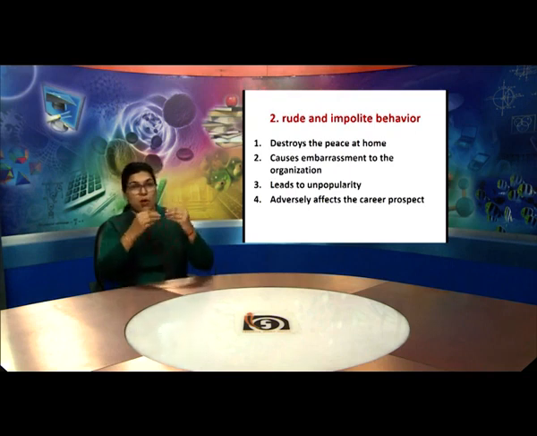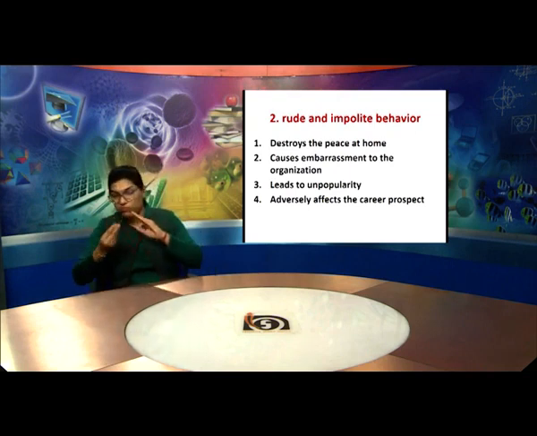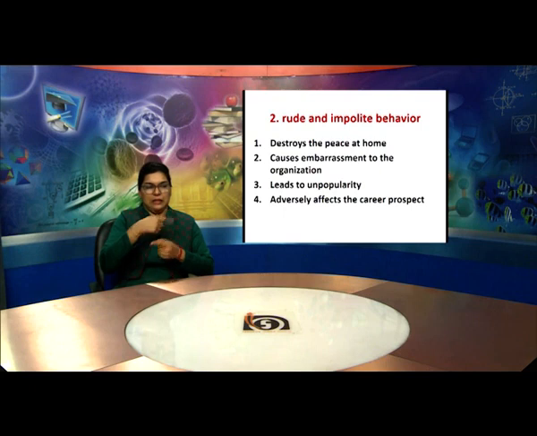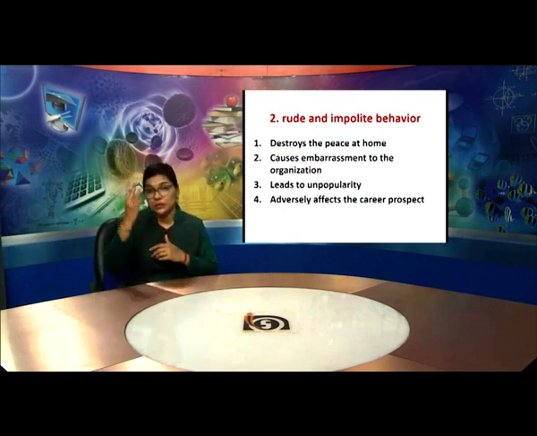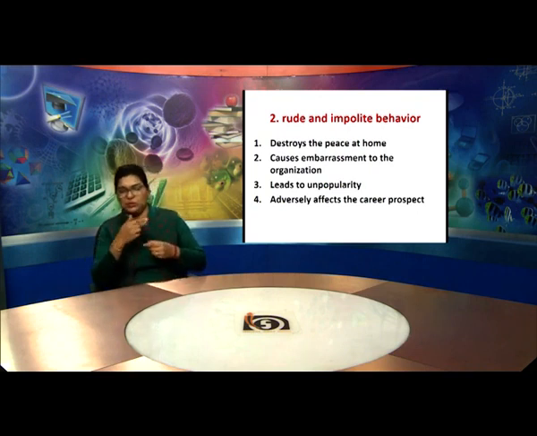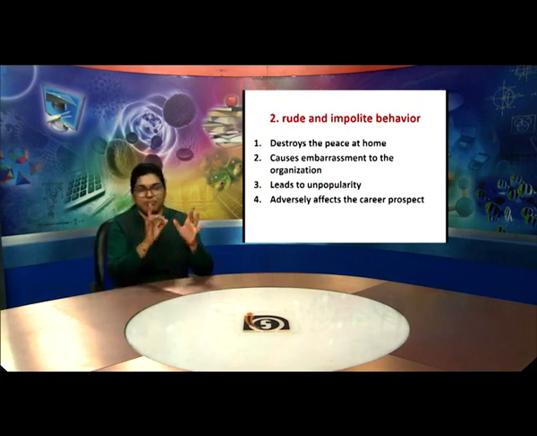The second point explains that being impolite and being rude causes embarrassment to the organization. The third point tells that if the person is rude and not polite, then it may lead to unpopularity.